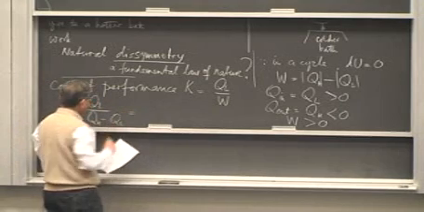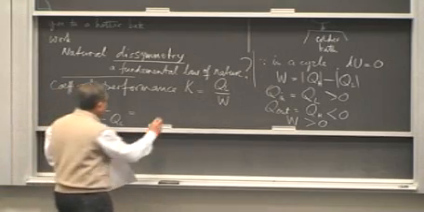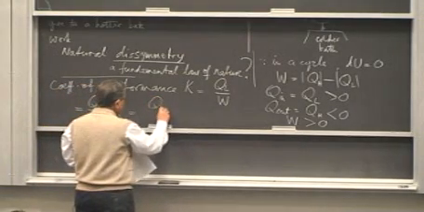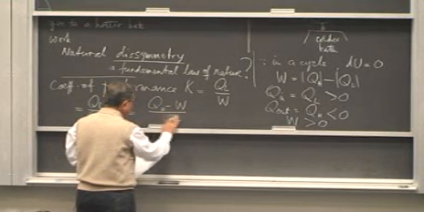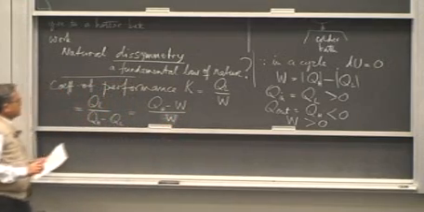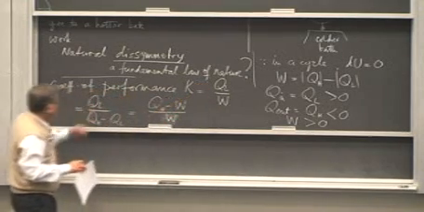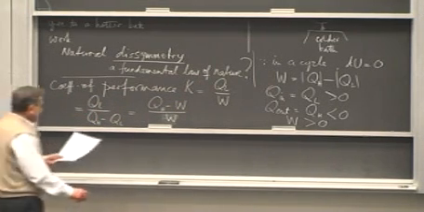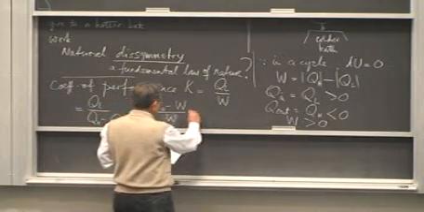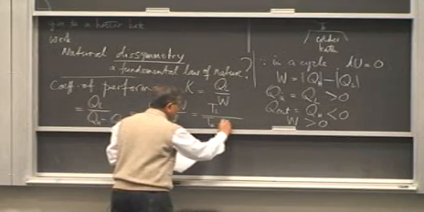And hence I can also write this as QL divided by QH minus QL, where QH minus QL equals W. So I wrote the same thing here and the same thing over here using the relations among the Q's and W. And K is also given in terms of temperatures, the temperature of the lower bath at TL and of the higher bath at TH.